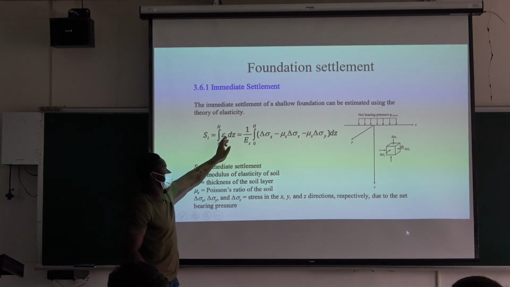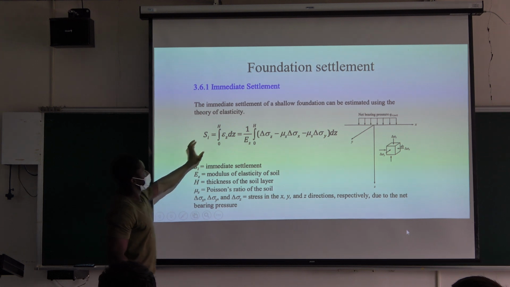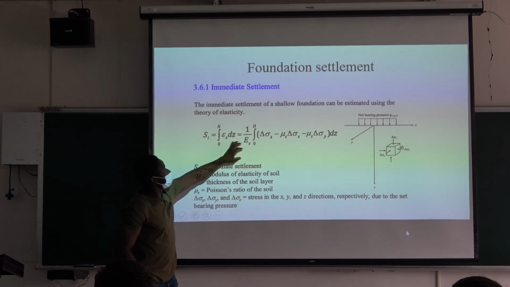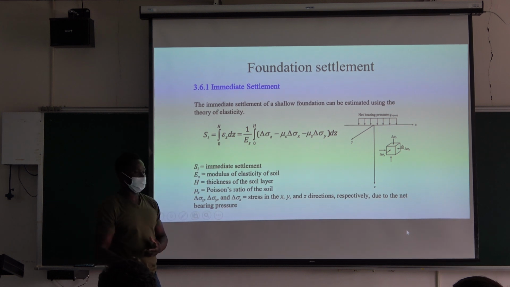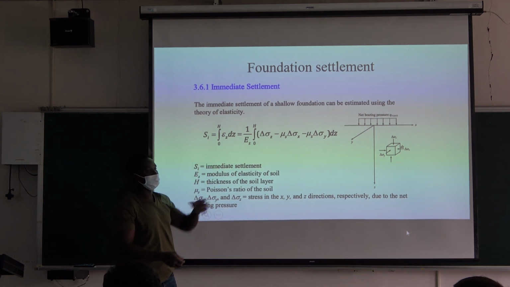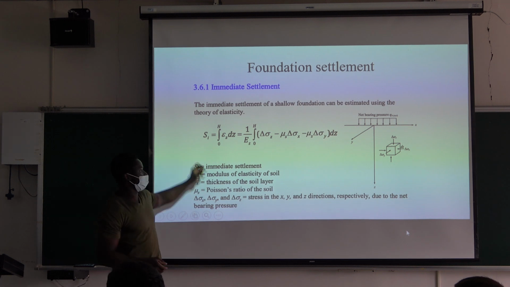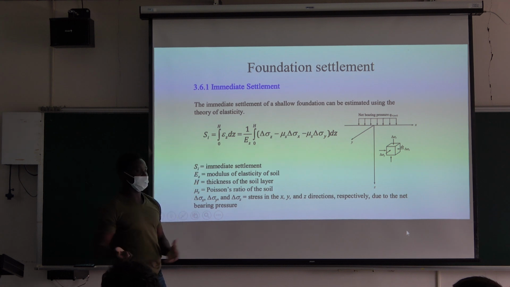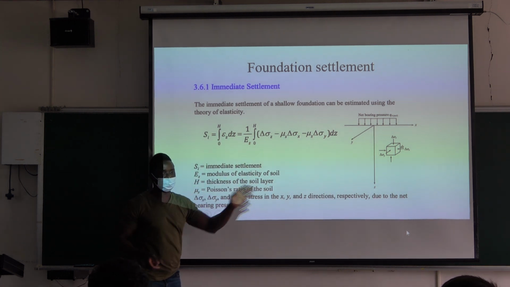They substitute these values and get this. But this is not what we will use, because it is a lot of mathematics. If you are using software to do the analysis, this is what happens in the background. But if we are doing the calculation by hand, there are simplified techniques we can use to solve these problems. You don't need to do all these integrations.